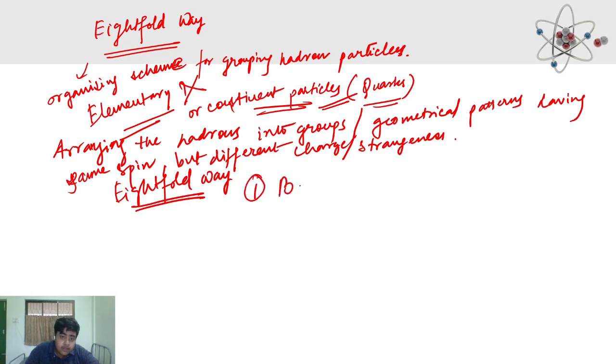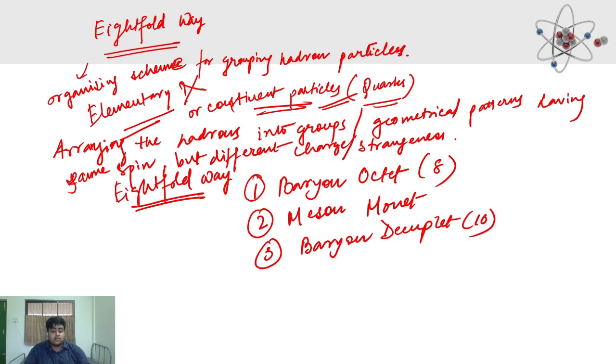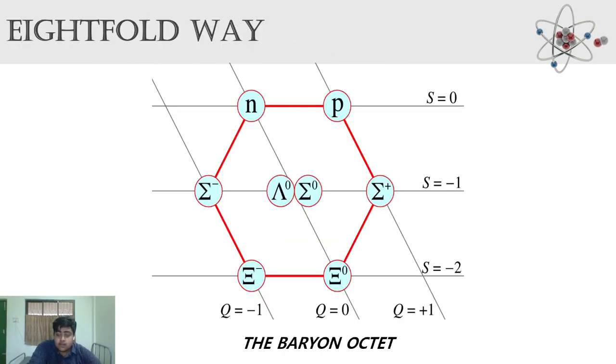One of them is known as the baryon octet, which means eight. Then we have a meson octet. Then we have the baryon decuplet, which means 10. We have diagrams of all this here. Now this is the meson octet.